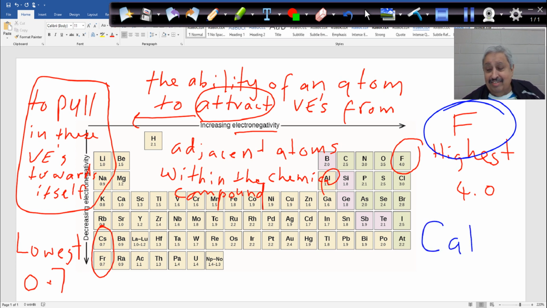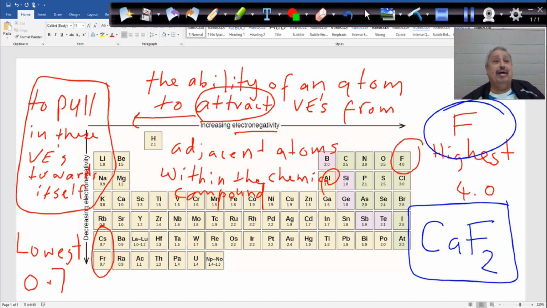Toothpaste does have calcium fluoride to kill what? The bacteria. It's the same idea. We add calcium fluoride inside the toothpaste because fluoride is so aggressive, it will pull out the valence electrons of the bacteria. So it pulls all the valence electrons towards itself, and the bacteria is killed, correct?